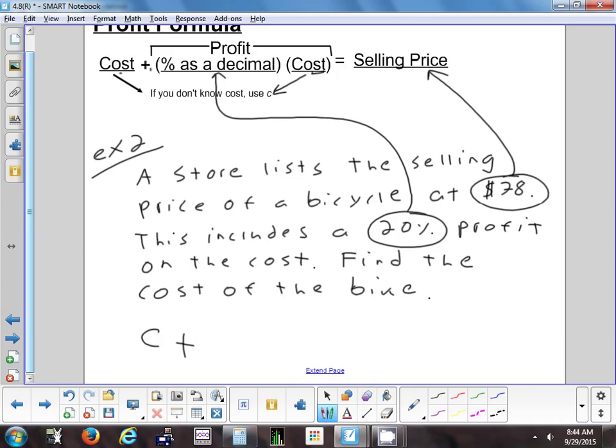Next thing is in parentheses, the percent as a decimal. Okay, so after going over the homework and doing percents, anybody think they can change this to a decimal, Zach? How much? 0.20. Perfect. 0.20. Or you could also put 0.2. That's the same thing.